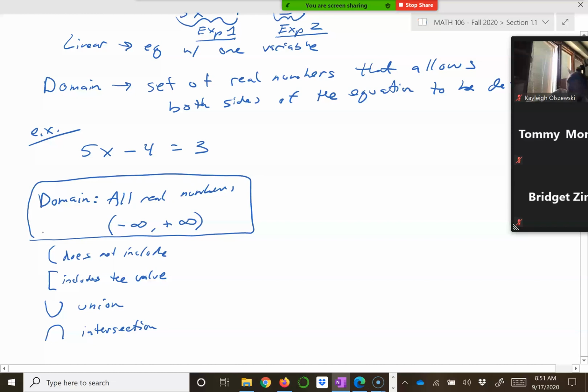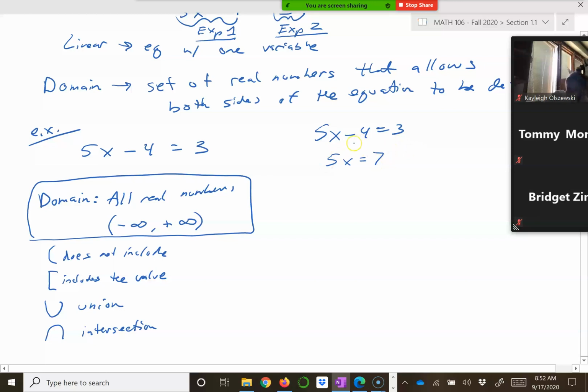Okay? All right, so what you could do with this equation is you could solve it for x. Right? So 5x minus 4 equals 3. At this point, you've definitely learned how to solve a linear equation before, so the book doesn't spend too much time on it. So you would add 4 to both sides, so it gets rid of the 4 on the left, and then adding 4 to the right side gives you 7.